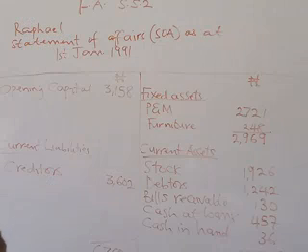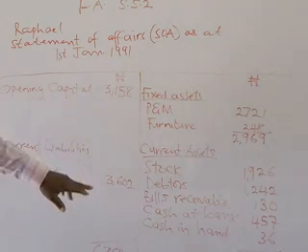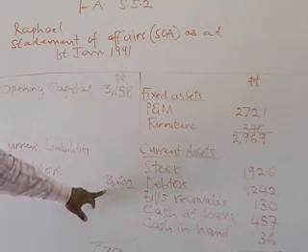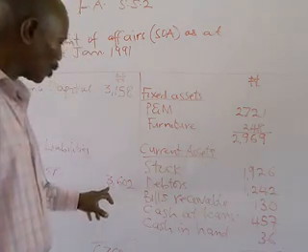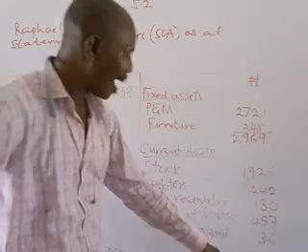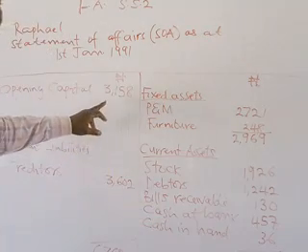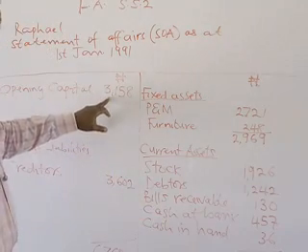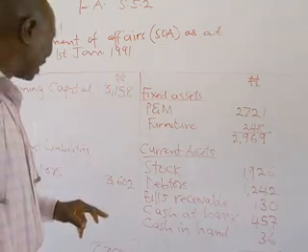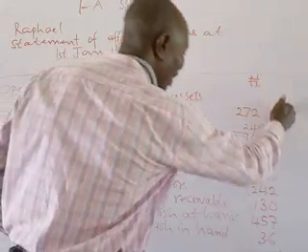Now to the left-hand side of the SOA, you start with current liabilities. You can see here we have creditors, 3,602. You now subtract this from the total of the assets. That will give you the opening capital. Mind you, this capital is derived because we are subtracting the current liabilities from the total of the assets.